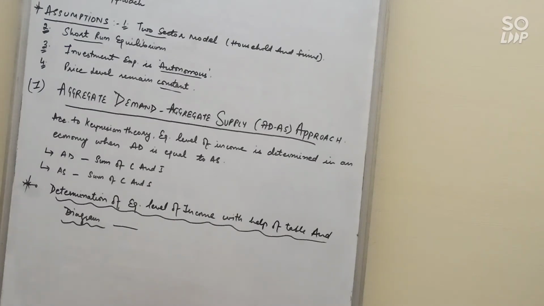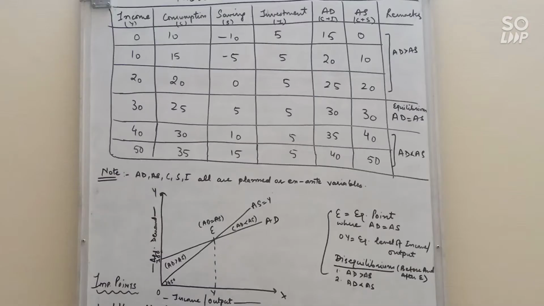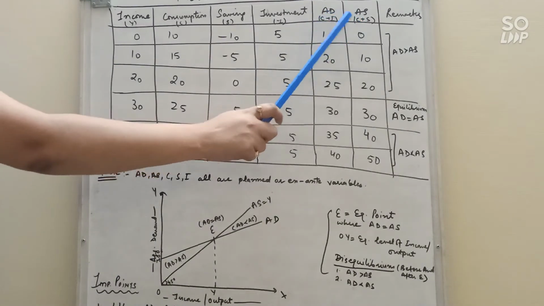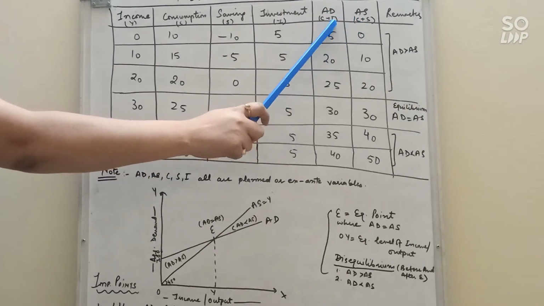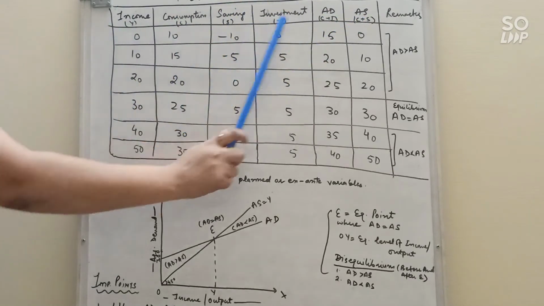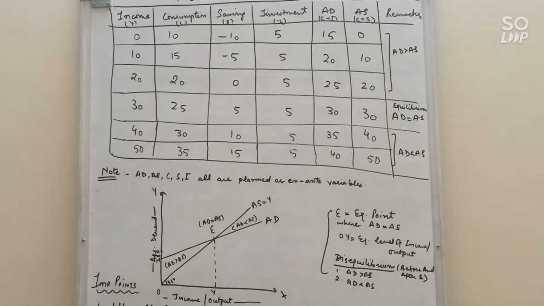Let's see how we determine the equilibrium level with the help of this approach, where AD is equal to AS. We can explain this approach with the help of a table and diagram. We want to find the equilibrium level where AD is equal to AS. For AD we have two components, and for AS we have two components, so we make these columns: income, consumption, saving, investment, AD and AS.